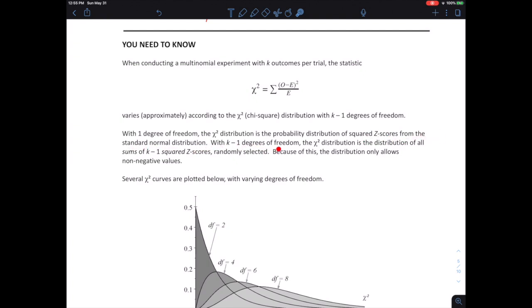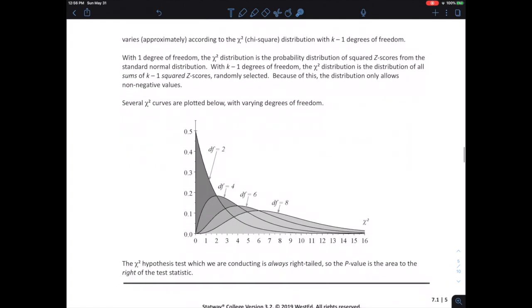With k minus 1 degrees of freedom, the chi-square distribution is the distribution of all sums of k minus 1 squared z-scores, randomly selected. There are only k minus 1 of them because there are only k minus 1 random values in our statistic. Because of this, the distribution only allows non-negative values because you're squaring z-scores.